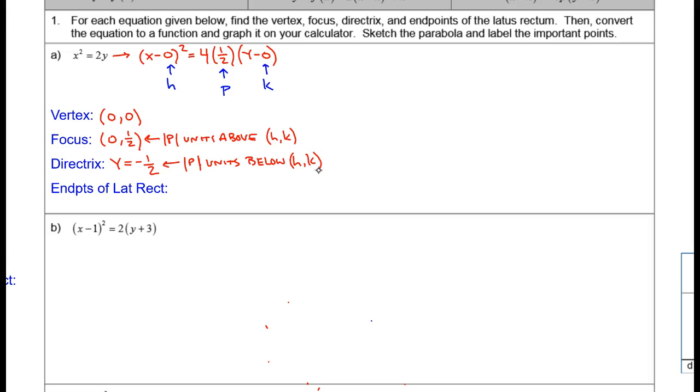Great. Now we need to talk about the endpoints of the latus rectum. Well, let's go ahead and start by talking about this.